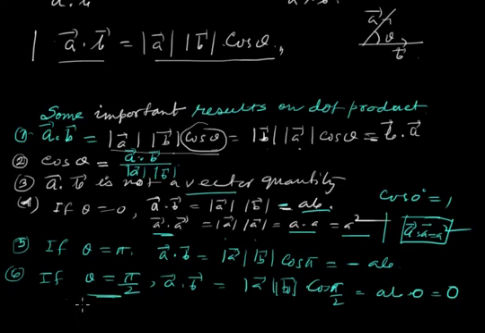So you can say that if A dot B is equal to 0, then A and B are perpendicular.